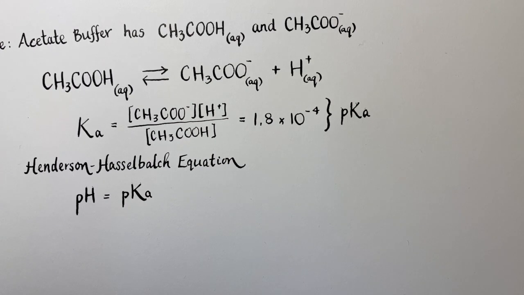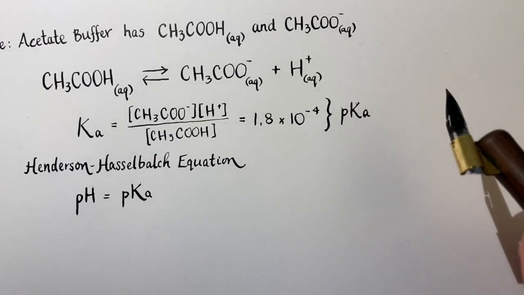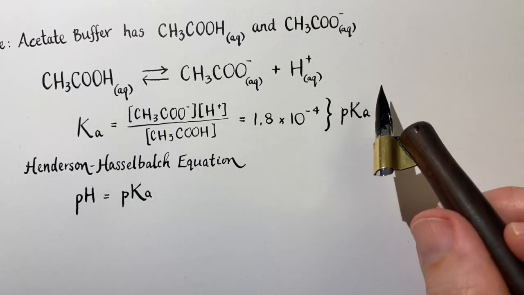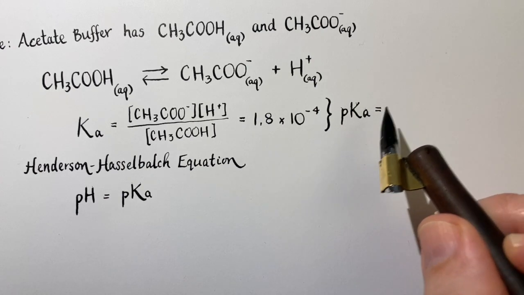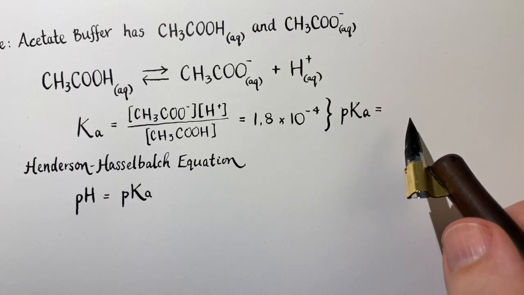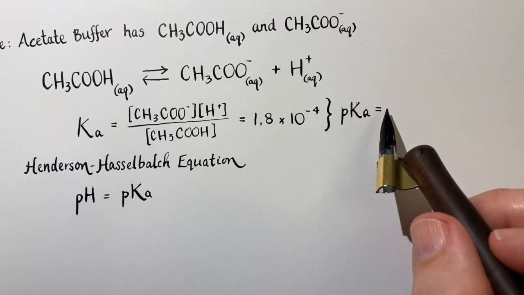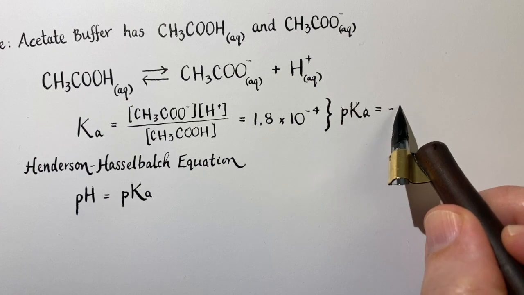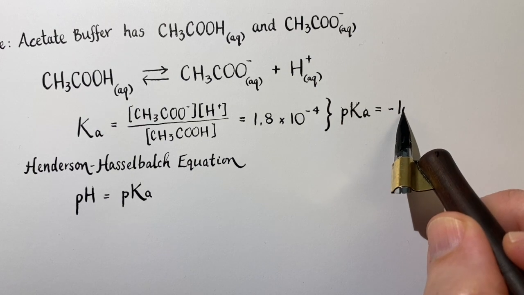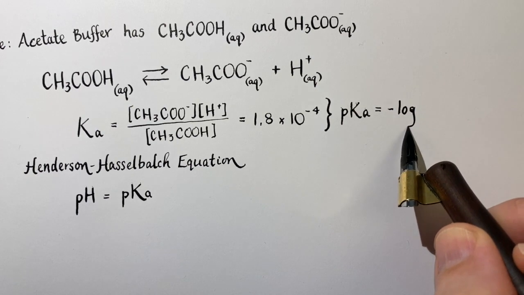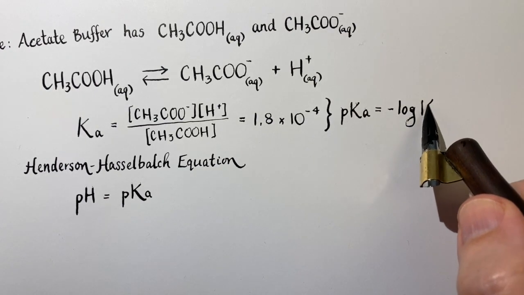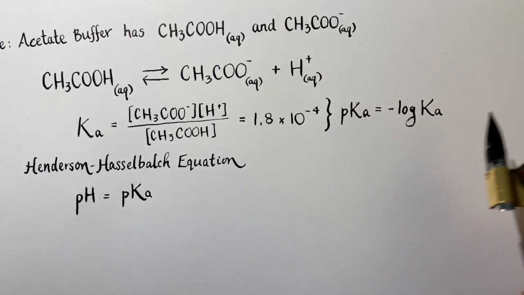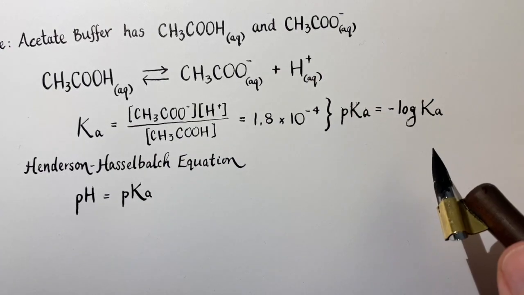Okay, if you remember how to calculate pH, it's minus log of the concentration of hydrogen. And pKa, you can think of P as kind of like a function. In this case, the function is taking the minus log of something. Okay, so if we take the minus log of the value of the Ka, that gives us the pKa.